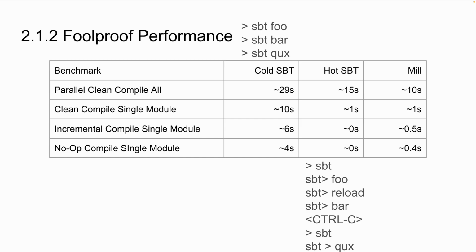So hot SBT numbers are what you should do using SBT to make it faster, which is to create an SBT shell by running SBT in bash, running your commands in the shell. Whenever you update your SBT build definition, you need to make sure you run reload so you don't end up using out-of-date build definitions. If something takes too long and you Control-C, you need to remember to reopen your SBT shell before running your next command.